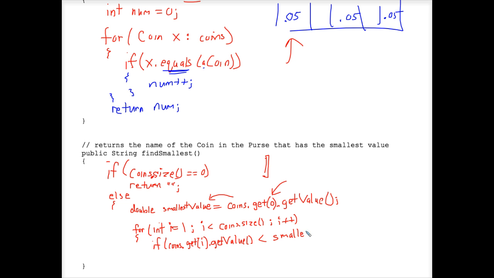If it is, we have a new winner. We have a new smallest value. So we go into the curly braces of this if statement and we overwrite smallest value with this new value. This is tedious, and there are other ways to do this by using extra variables here, but I'm packing it all in and I'm running out of room.